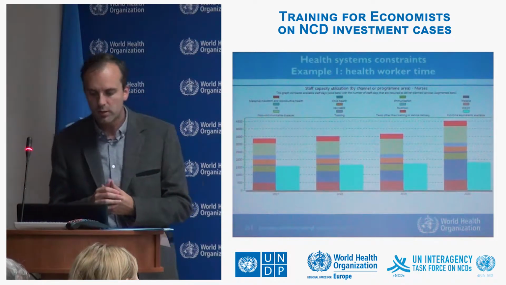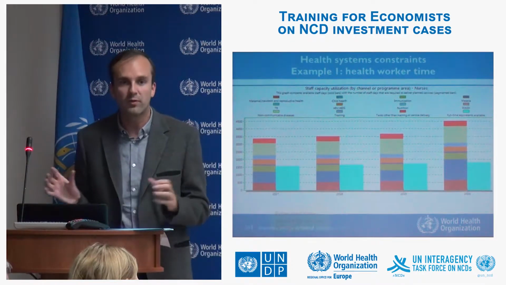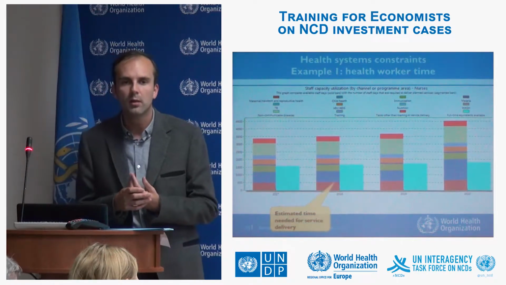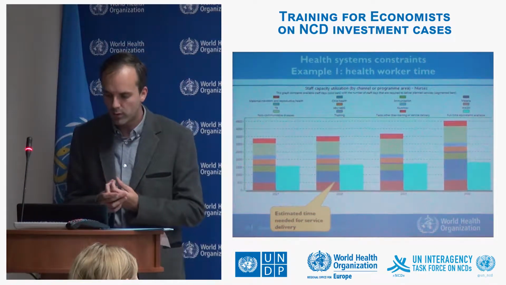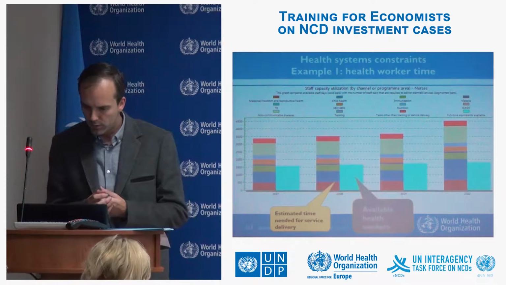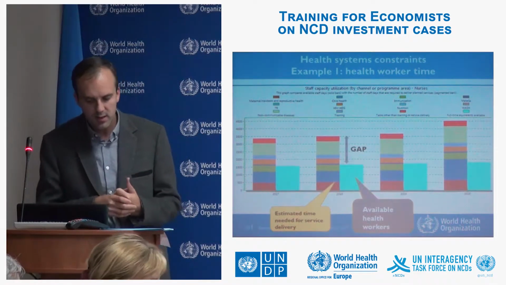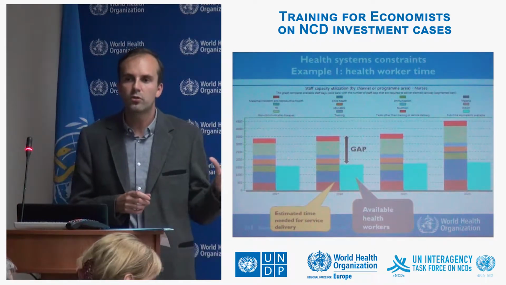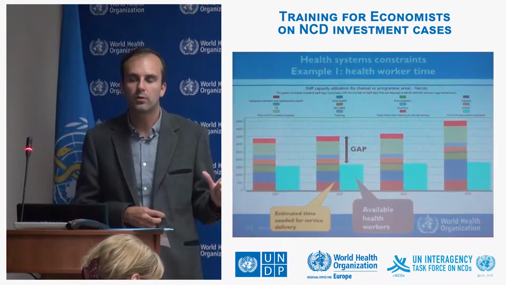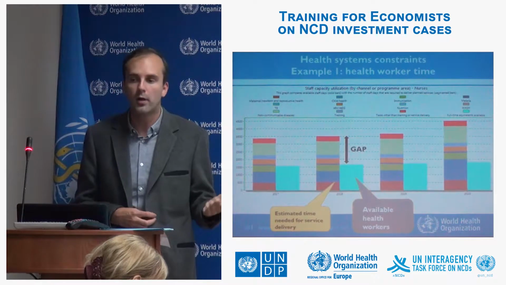Another thing you come out with, and that is a common thing that happens, is that you may be a bit too ambitious. This was a case of a country that wanted to increase investments in child health and NCDs. This result shows the number of health workers you require, in full-time equivalents.